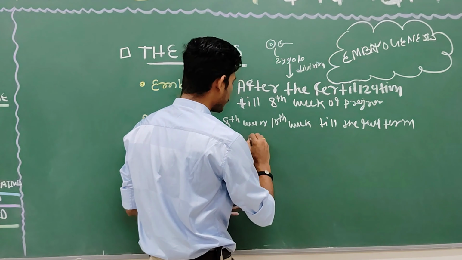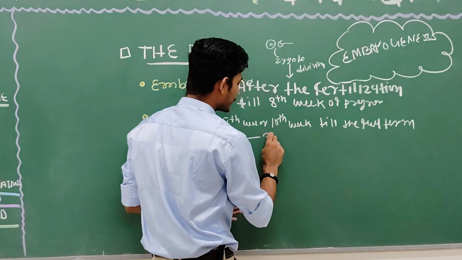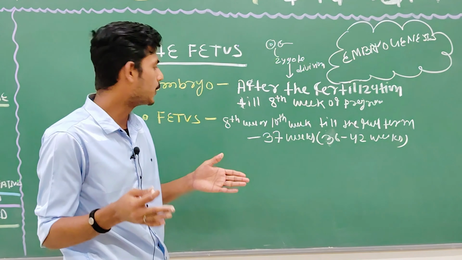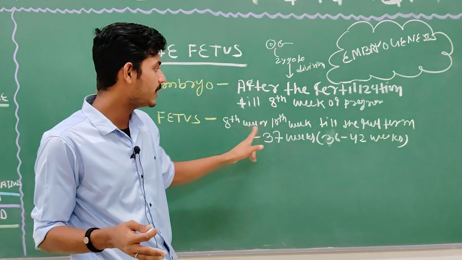Human pregnancy on average is 37 weeks, but it varies from 36 to 42 weeks. So starting from the 8th week till full term, the 37th week, the developing fertilized product is called the fetus.